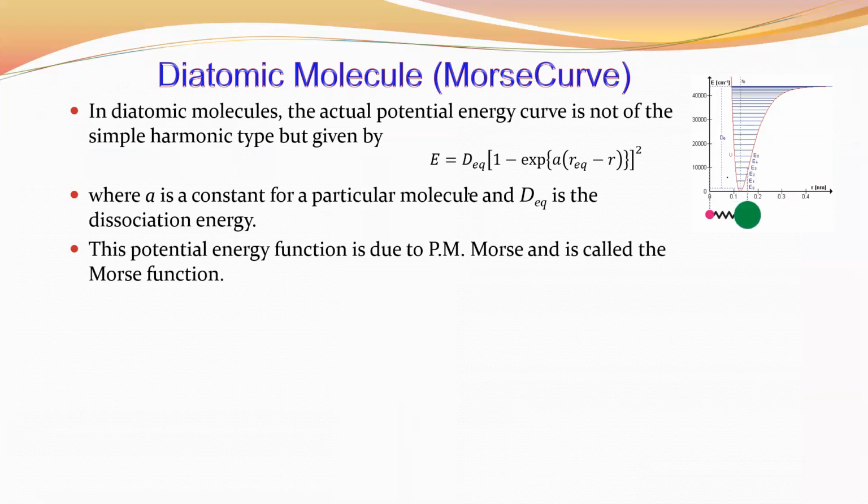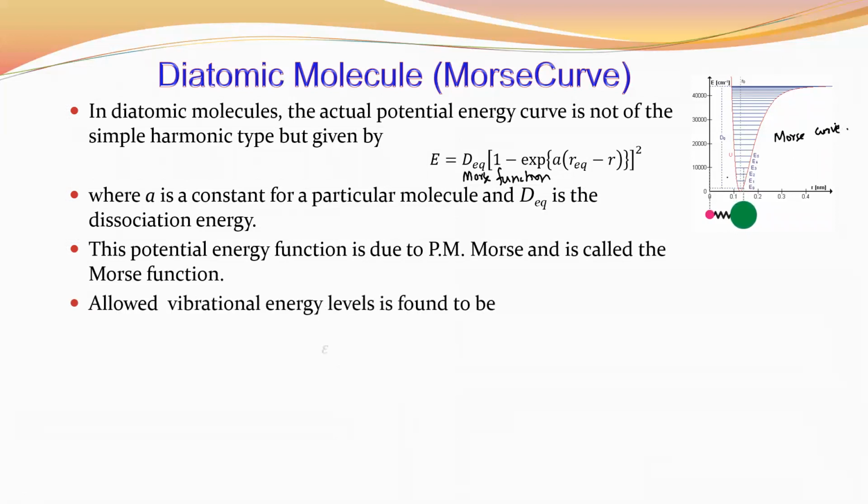And this potential energy function is called the Morse function, and this curve is called the Morse curve. Then there must be a change in vibrational energy.